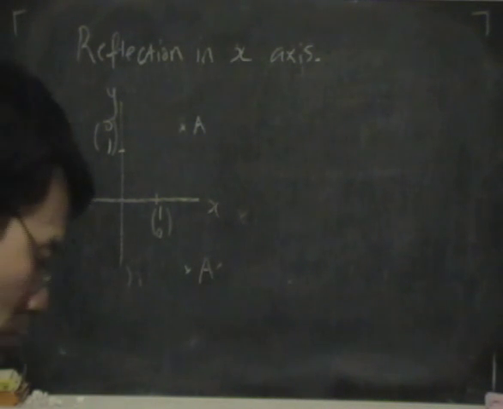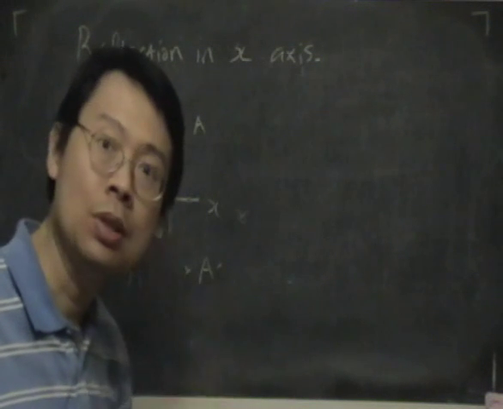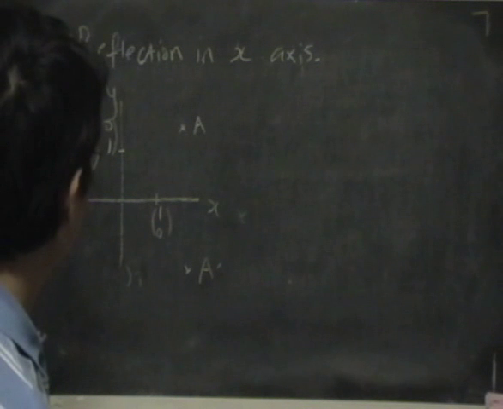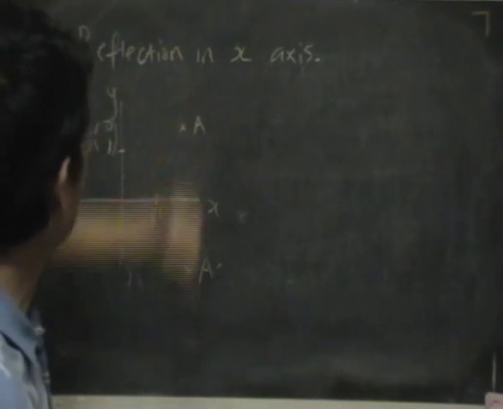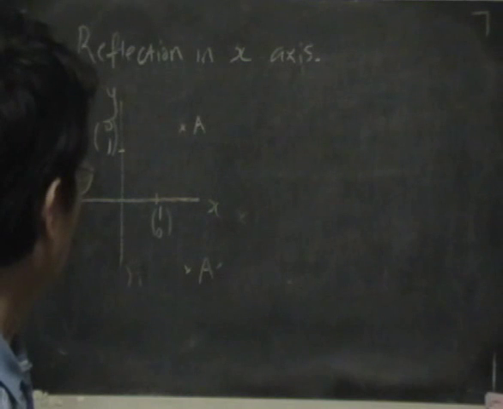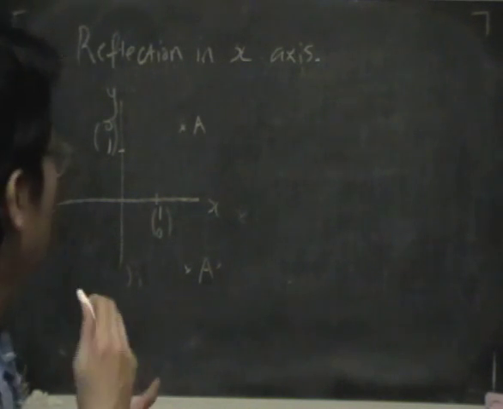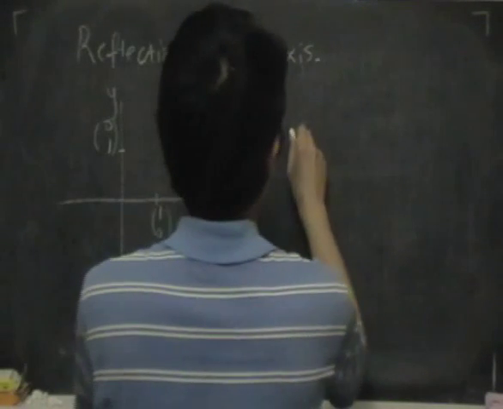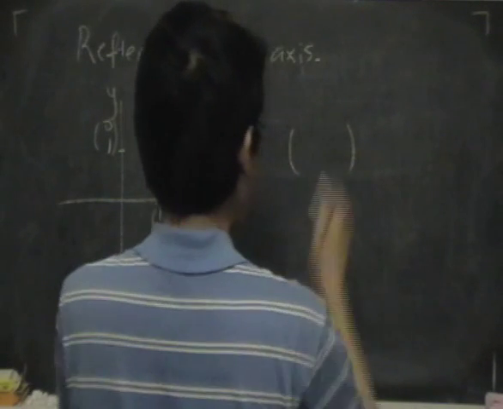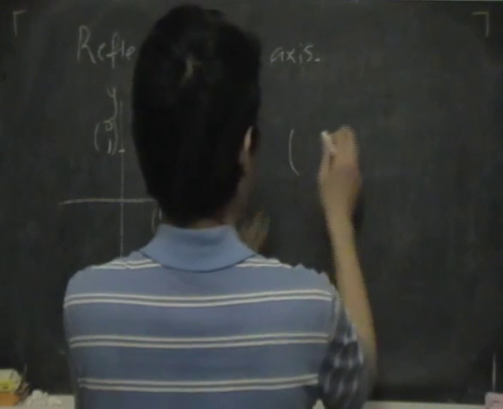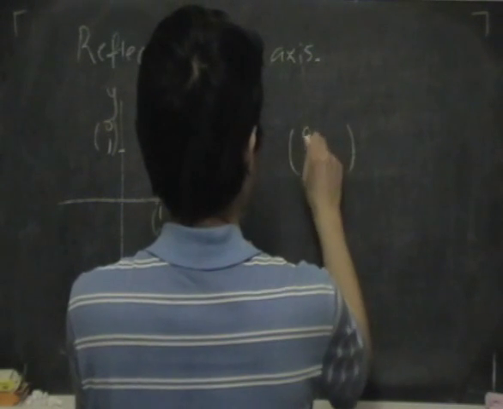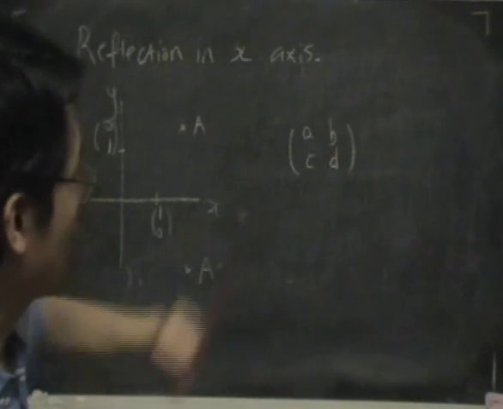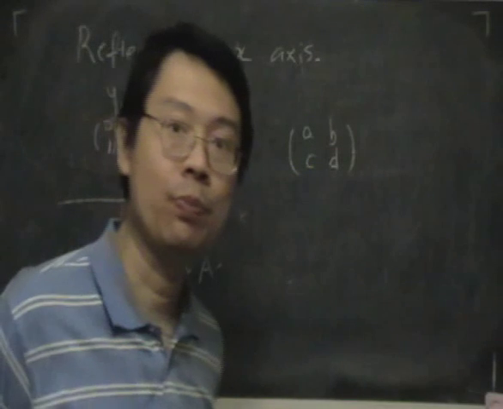Now suppose that I want to know the matrix for reflection in the x-axis. So I don't know what that matrix is in the beginning. So let that be a matrix with numbers A, B, C, D. I'm going to represent them with letters.